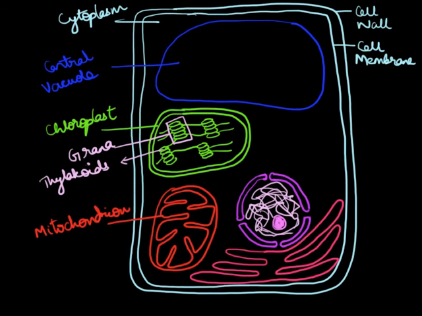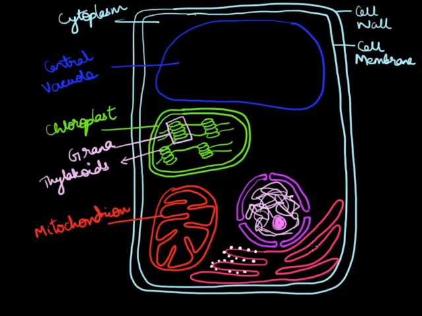And endoplasmic reticulum is of two types. One is the smooth and the other is the rough. The rough type has ribosomes attached to its surface. So these white spots represent the ribosomes. So this becomes the rough endoplasmic reticulum.